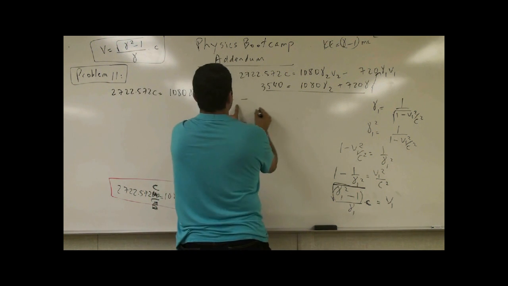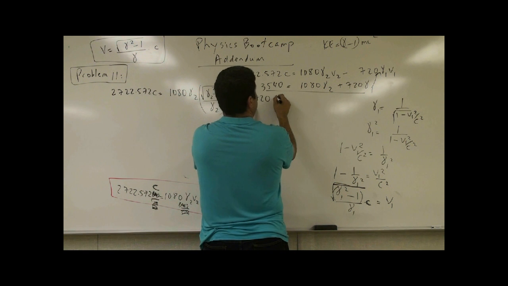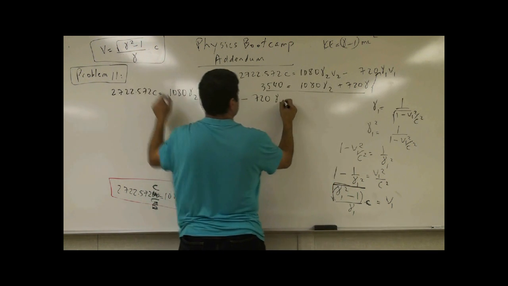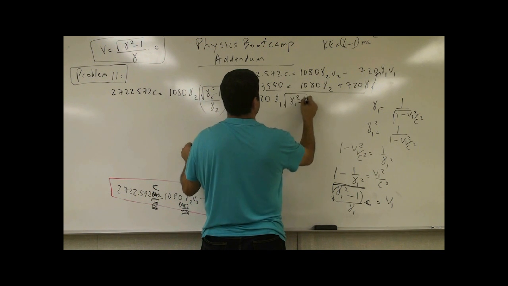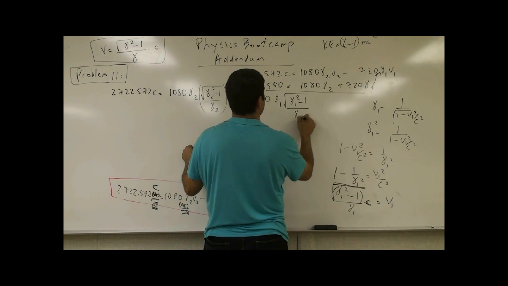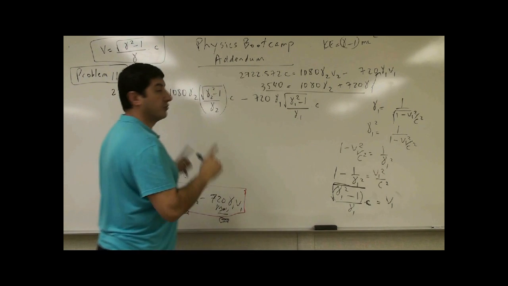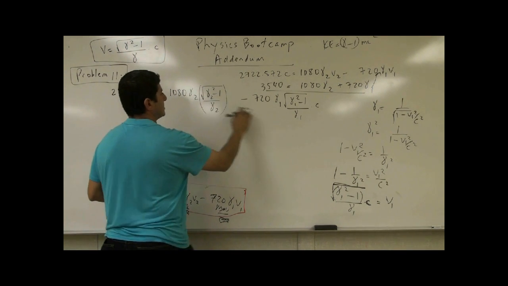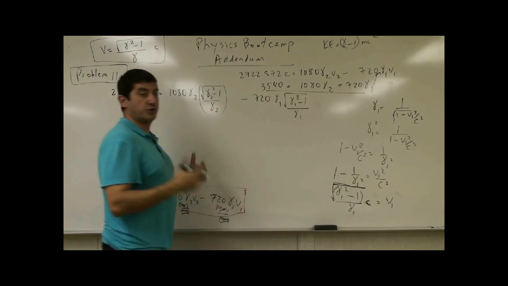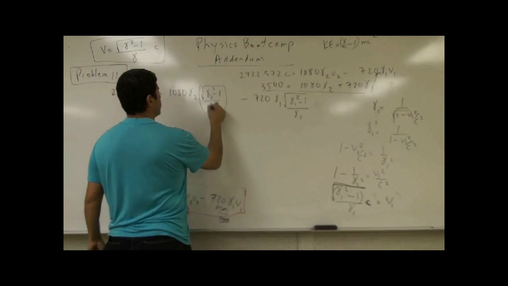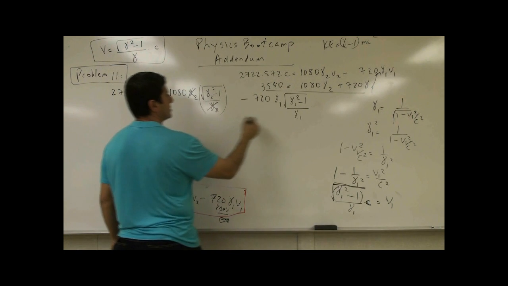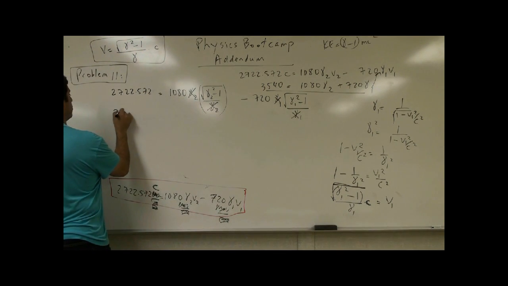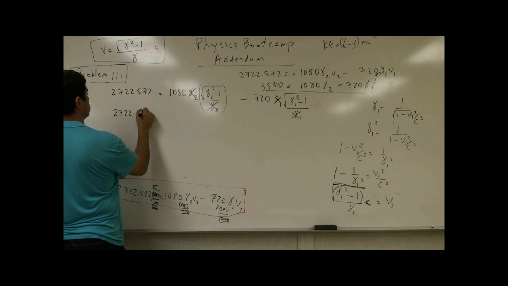And then minus 720 gamma 1 times v1, and v1 I replace with this equation, the square root of gamma 1 squared minus 1 over gamma 1 times c. Now notice what happens. c cancels, c cancels, c cancels, looks much better. Gamma 2 cancels, gamma 2 cancels, gamma 1 cancels, gamma 1 cancels. And I have an equation that looks much better now.